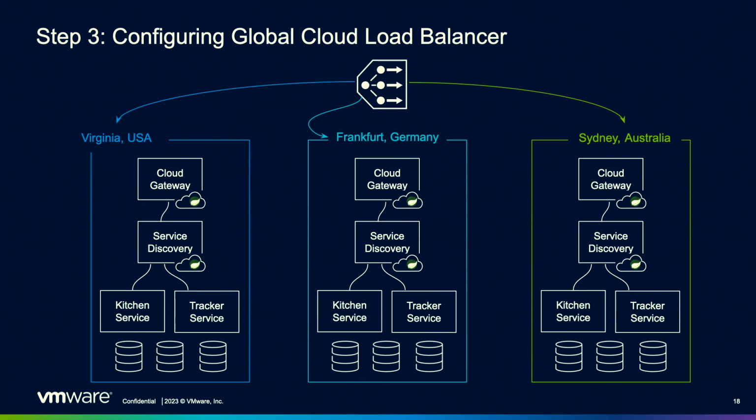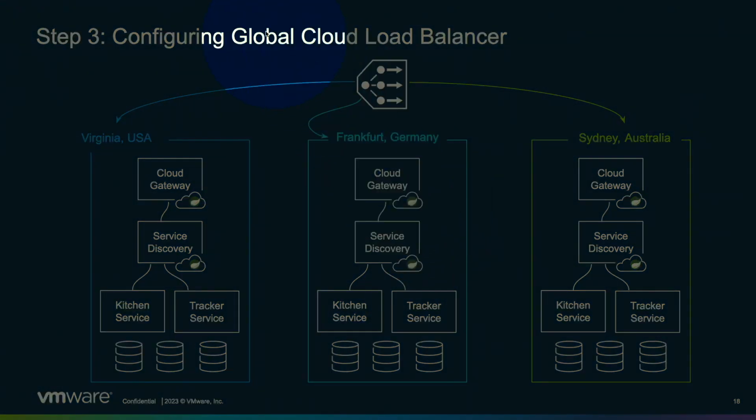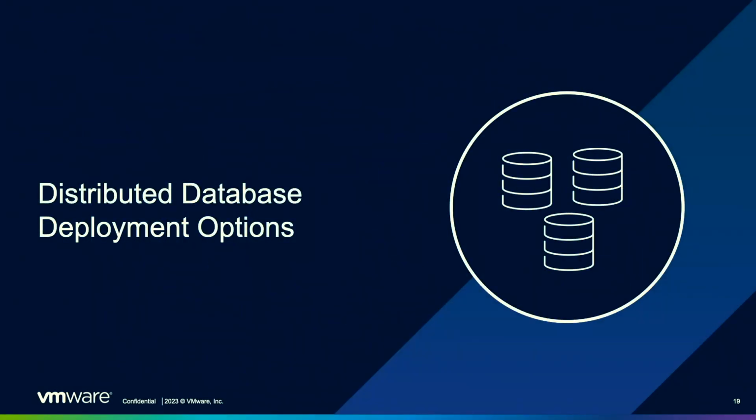But generally, the whole concept is that your mobile applications and your web front end are going to connect to the global load balancer that comes with one single virtual IP address, and then the load balancer will decide, all right, this traffic needs to go to Sydney because the user who is ordering the pizza lives in Sydney. So that's simple. And then that request will be routed to Cloud Gateway, and the Cloud Gateway will send it to Service Discovery, Kitchen Service, etc.